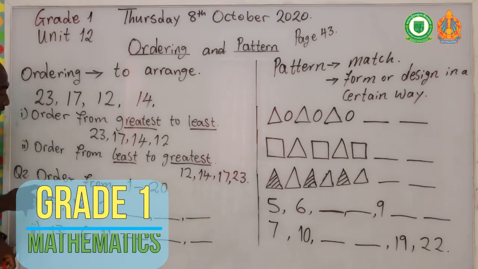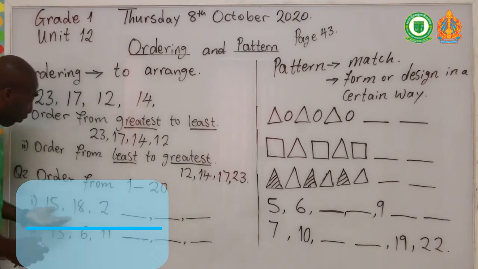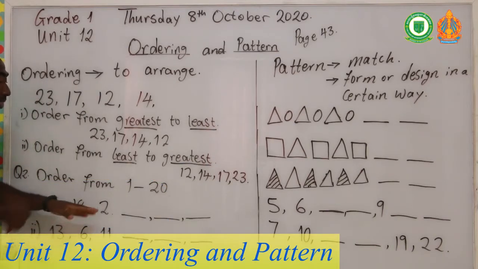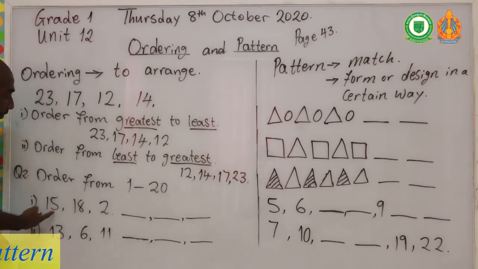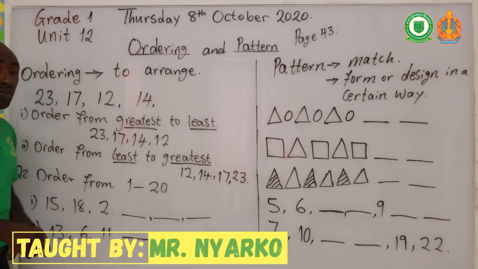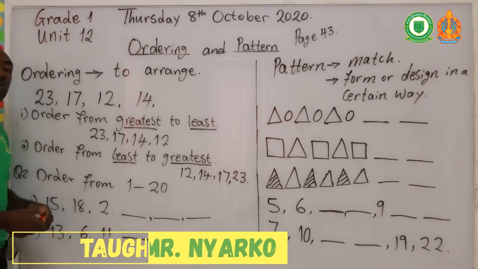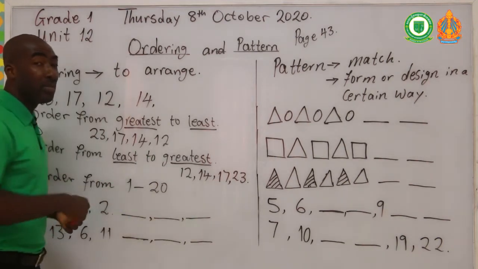So this time your question says order from 1 to 20, but when you check your numbers, you don't see 1 here, you don't see some other numbers between 1 to 20, you only find 15, 18 and that of 2. So whenever you see a question like this, it means that you have to start from the smaller ones and then you build on to the bigger ones.